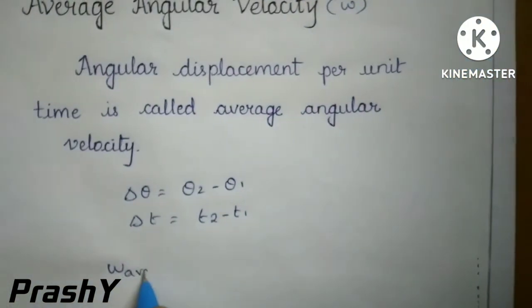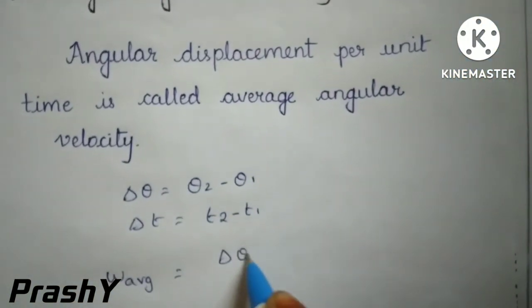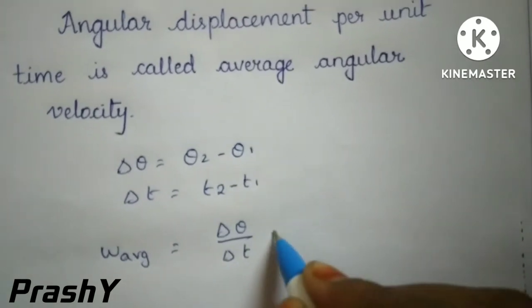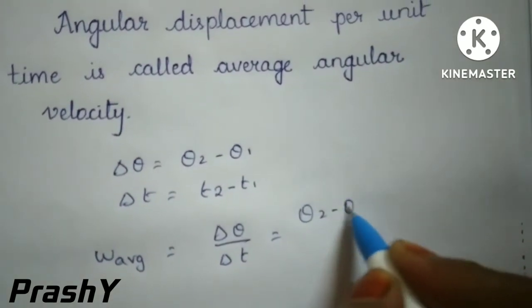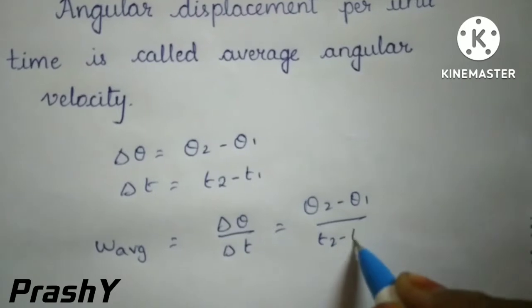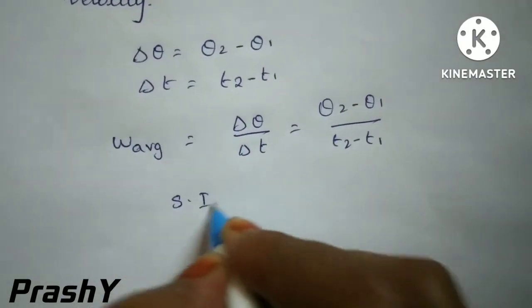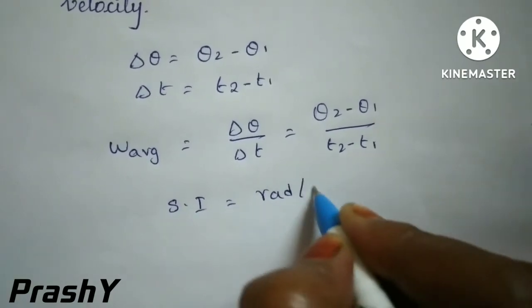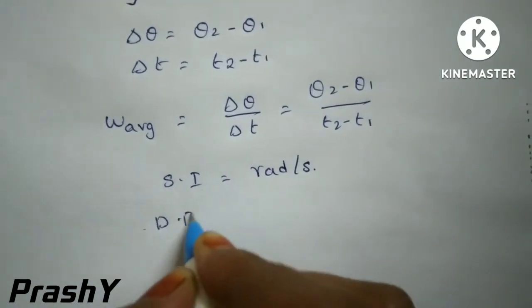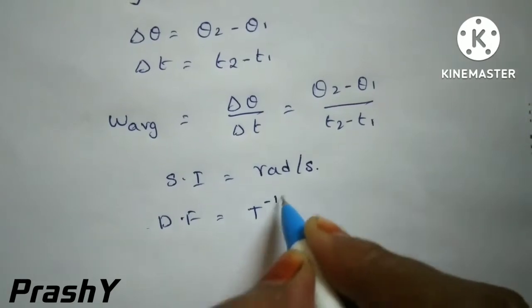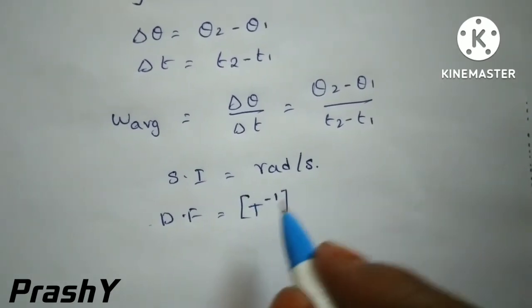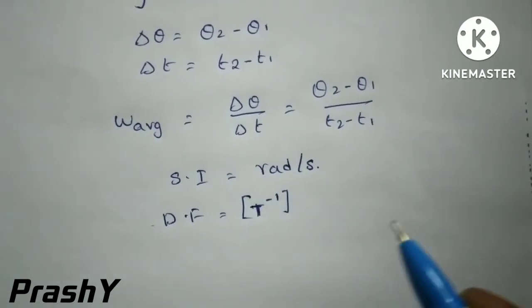So omega average is equal to delta theta by delta t, that is equal to theta 2 minus theta 1 by t2 minus t1. The SI unit will be radian per second. So the dimension formula will be T power minus 1, since there are no dimensions for radian.